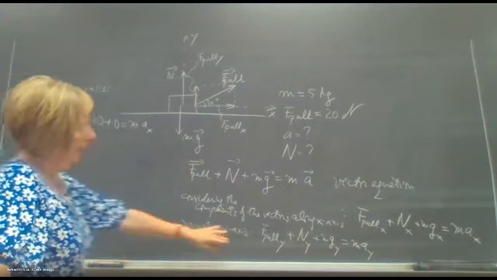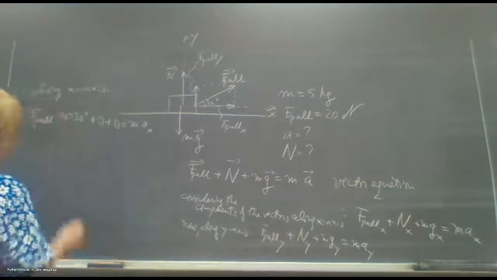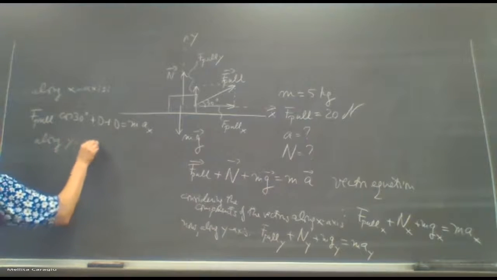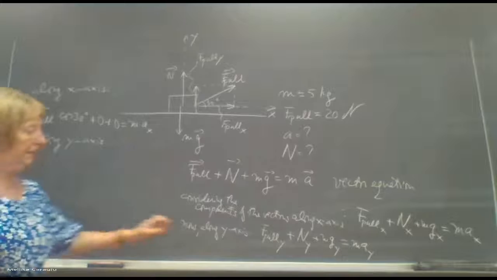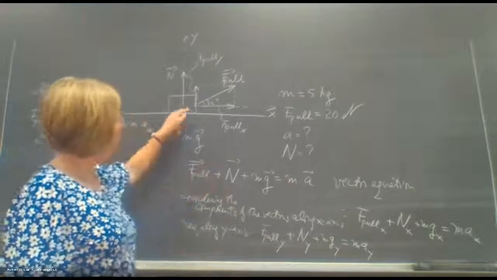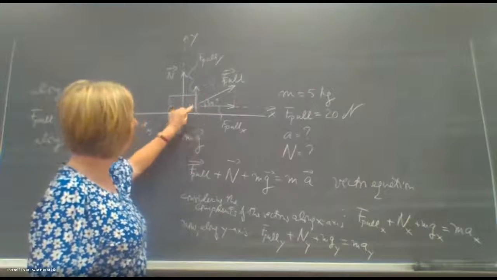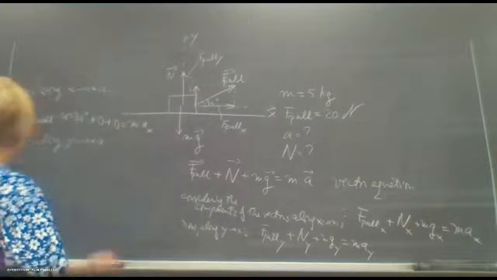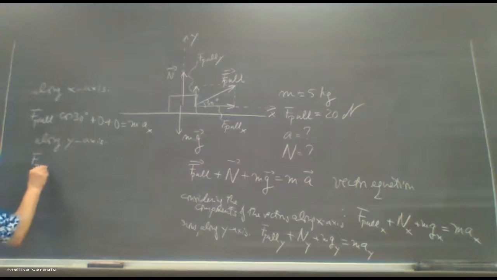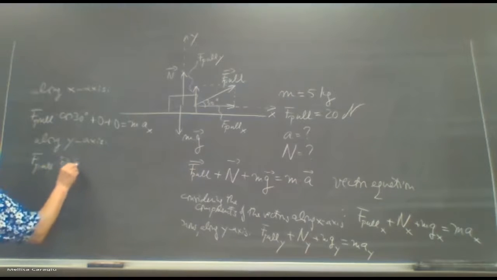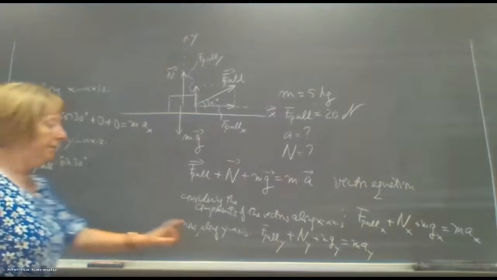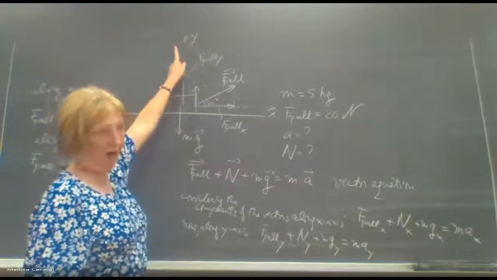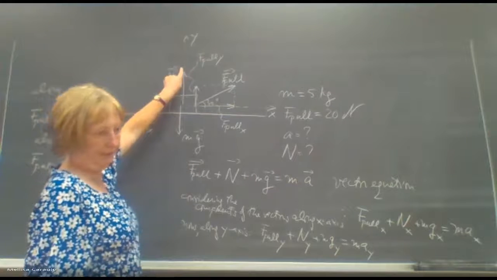Okay, let's now look along y-axis. The component of the pulling force along y is F pull sine 30. So that's the first one. Good. The component of the normal force along y, how would we write this?